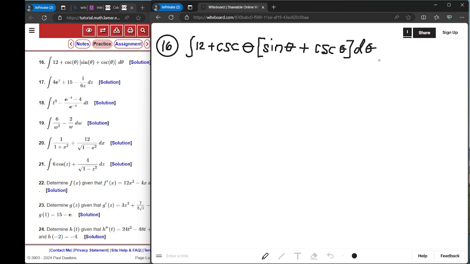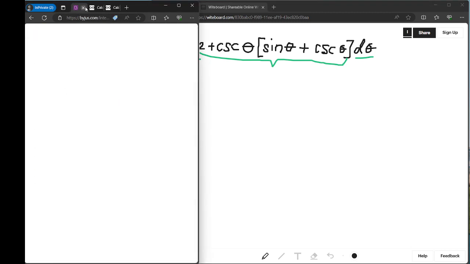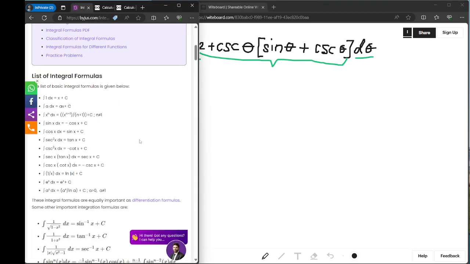So again, if we have this integration, all the terms in between the integral sign and the derivative should be integrated. But let's check first our formula if we can directly integrate them.